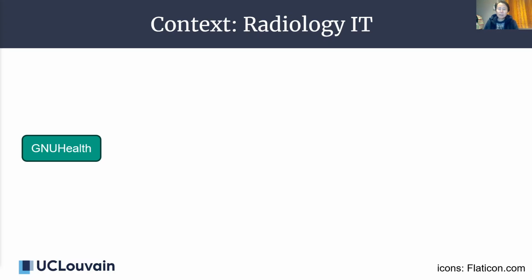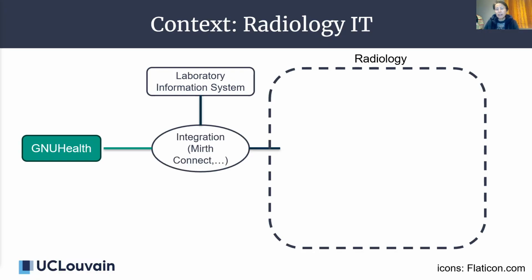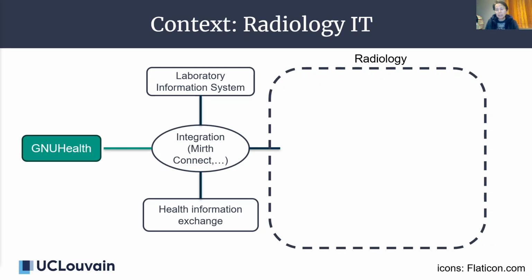The first system is a hospital information system, such as GNUHealth, the laboratory information system, and the radiology department. They are integrated via, for example, a Mirth Connect connector, the health information exchange, which is responsible for sharing data with a remote system or another department.